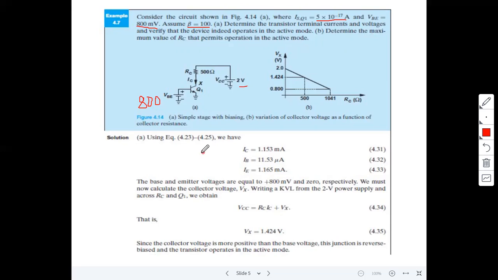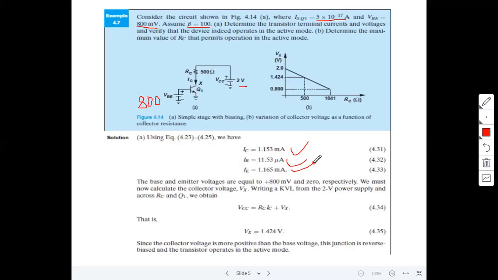Now we already know the collector current expression: IC is equal to IS times e to the power VBE by VT. Like that we have to calculate IC, IB and IE.